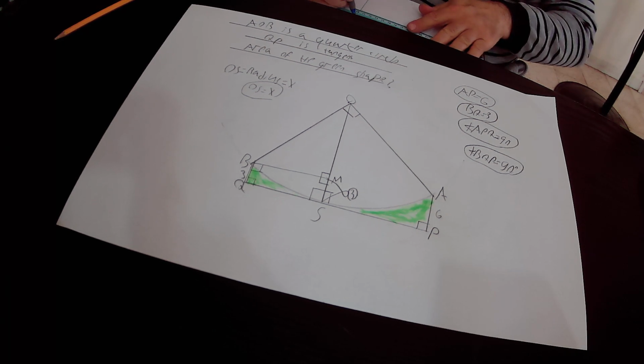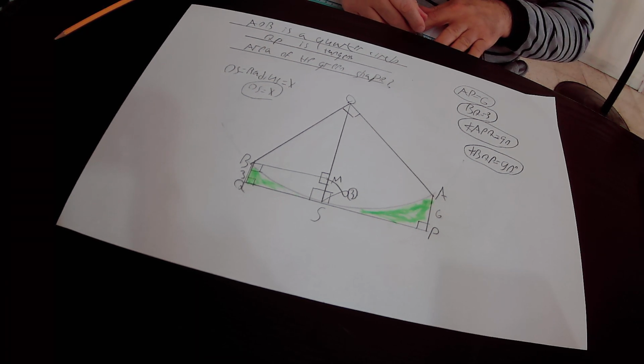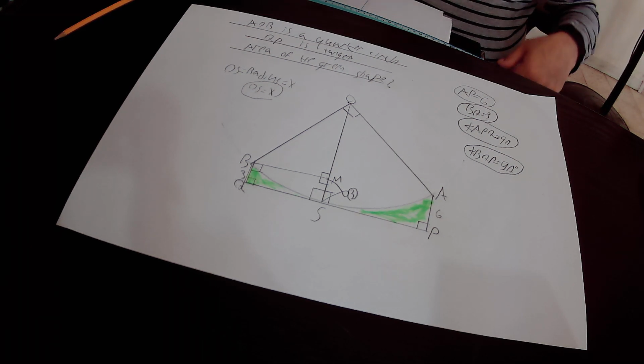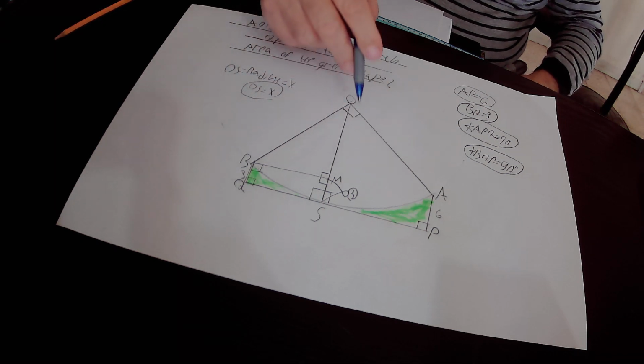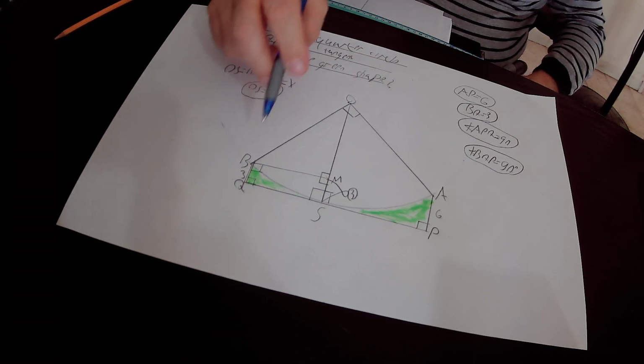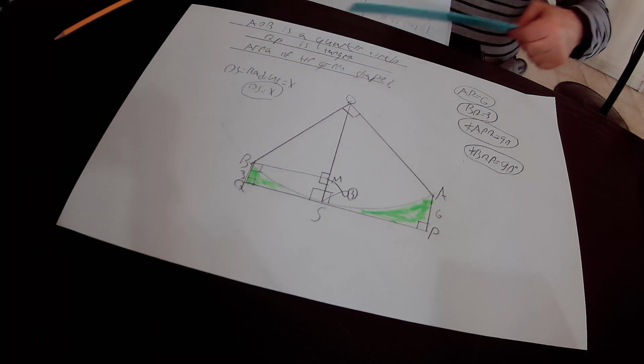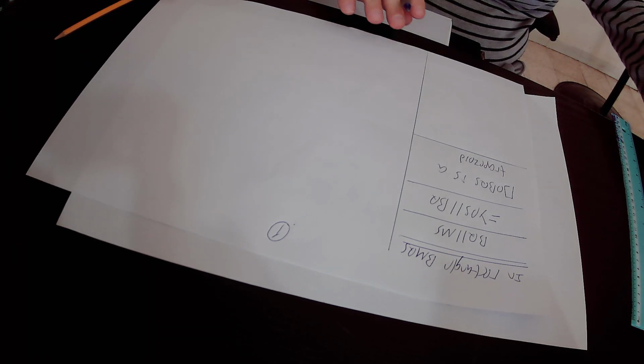The definition of a trapezoid is a quadrilateral with one pair of parallel sides. So in this quadrilateral OBQS, side OS is parallel to side BQ, therefore it is a trapezoid.